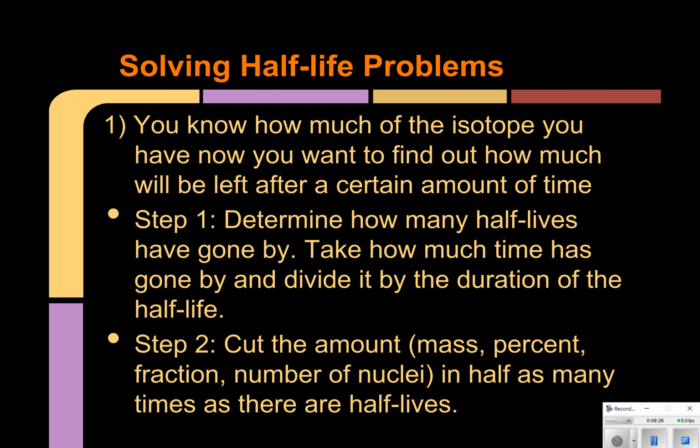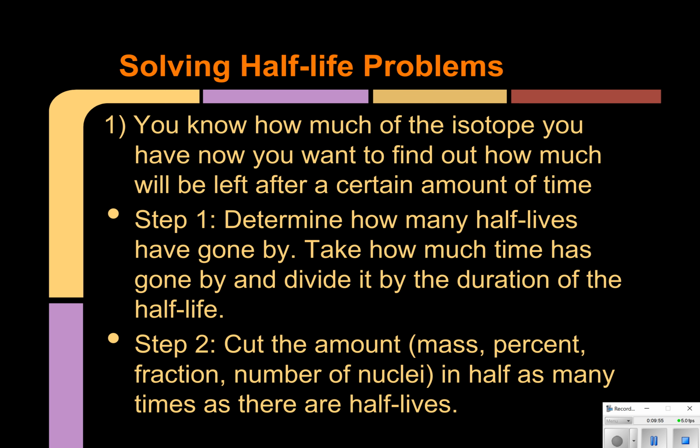Now, the first step to solving one of these types of problems is to determine how many half-lives have gone by. I'll point out there are a couple different pieces of information that we want to make sure we have for each one of these types of problems, and we'll do an example of each type. In order to determine how many half-lives have gone by, we take how much time has gone by and divide it by the duration of the half-life.